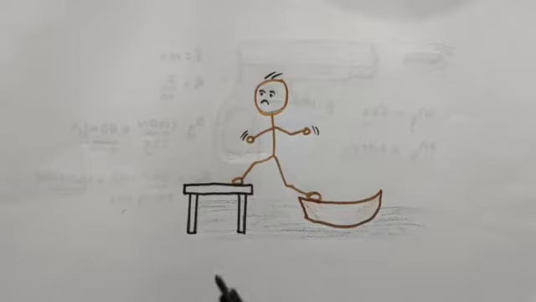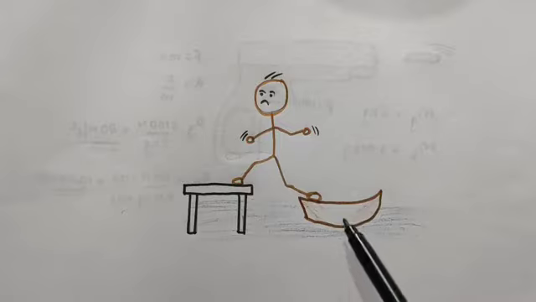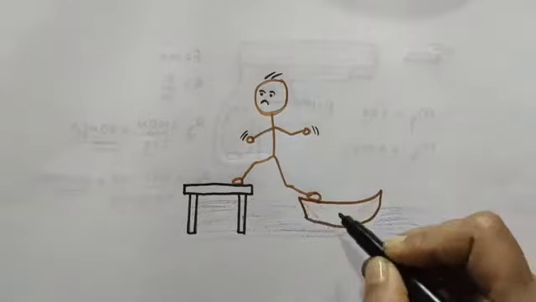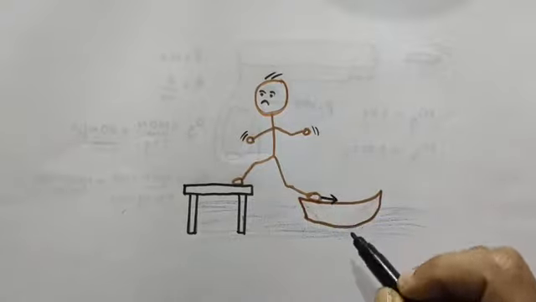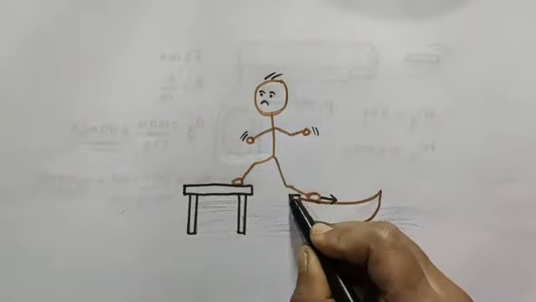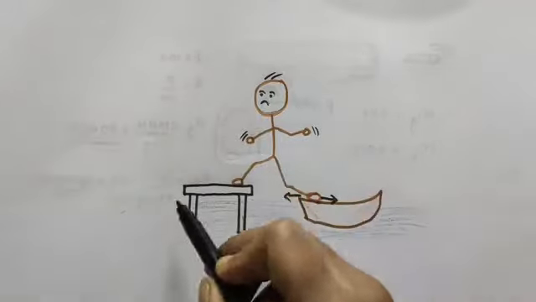Similarly, you might have observed that when a man jumps out from a boat, the boat moves backwards. Why? Because when a man jumps out of a boat which is floating on water, the man exerts a force on the boat in the backward direction and the boat exerts an equal force on the man in the forward direction, which enables him to move forward.